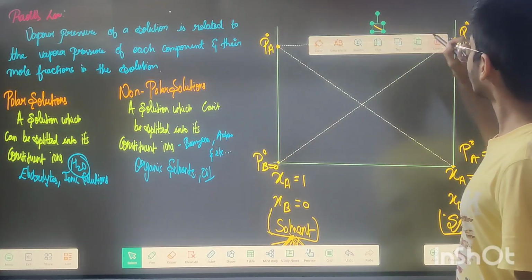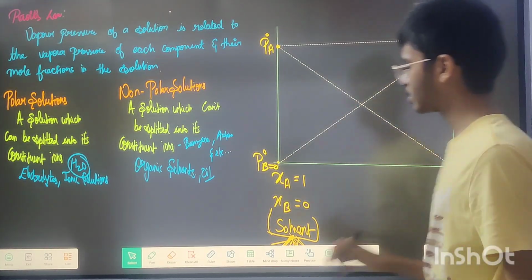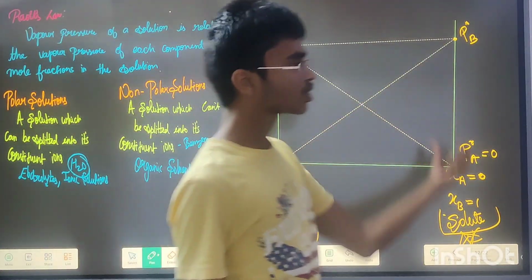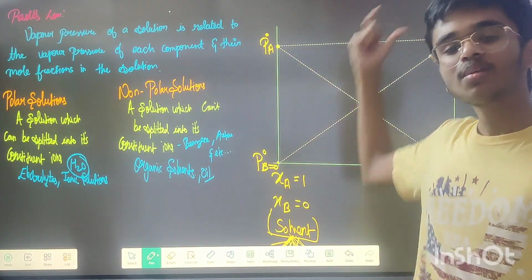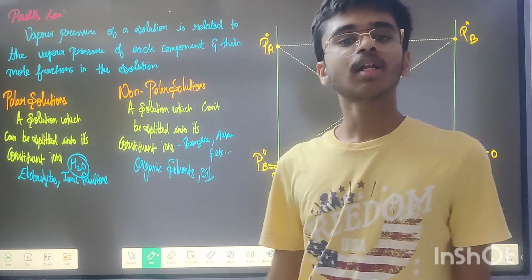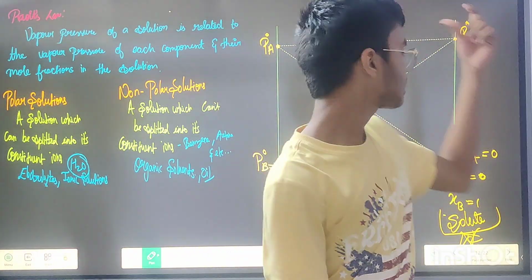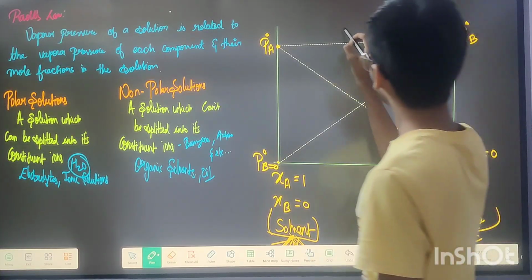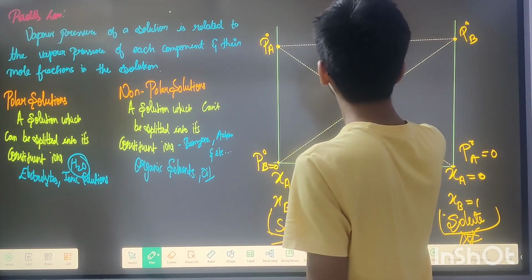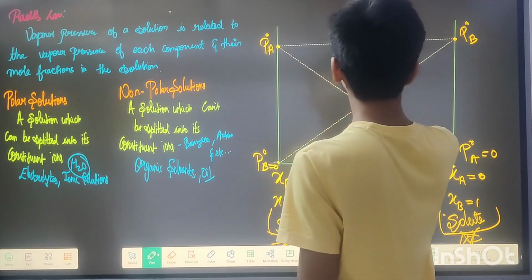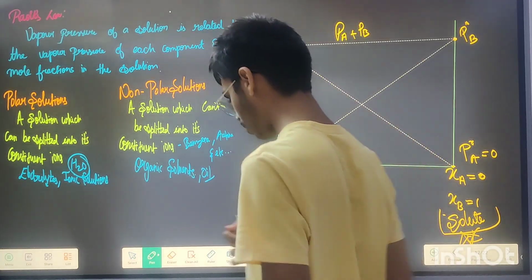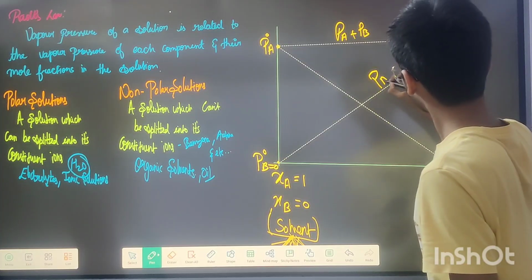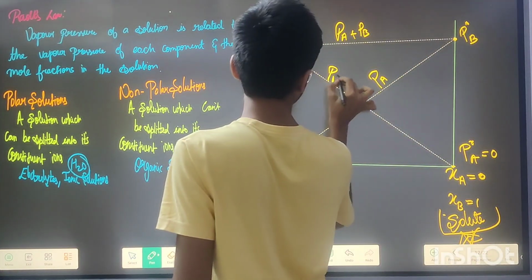What they have done is they have tilted it upwards, which means this is more volatile, this is less volatile, or this is more non-volatile, this is less non-volatile. Now, this is going to be P of A plus P of B, and then this is going to be P of A, and then this is going to be P of B.